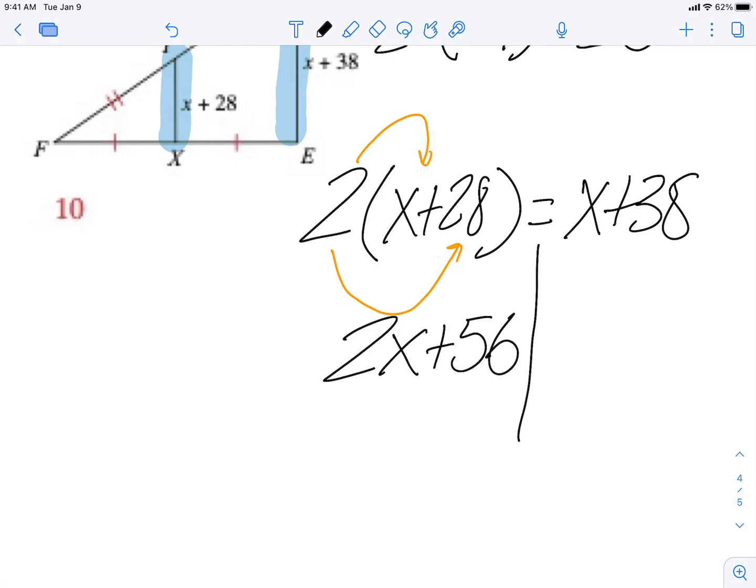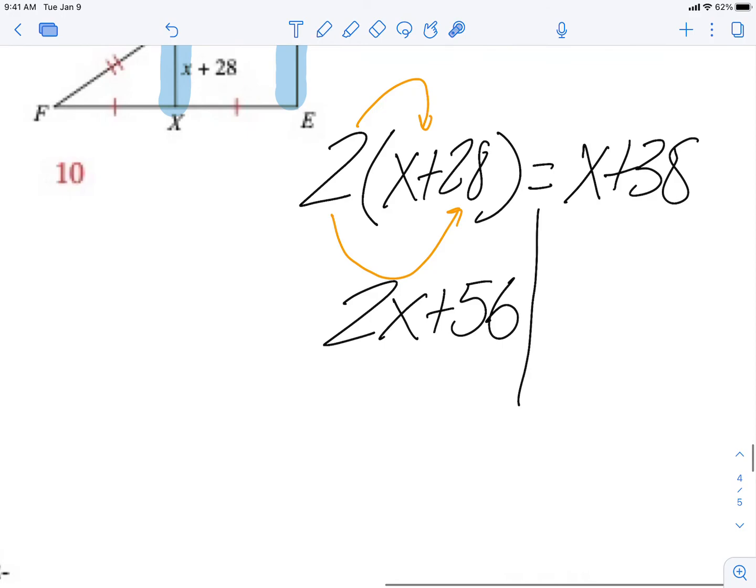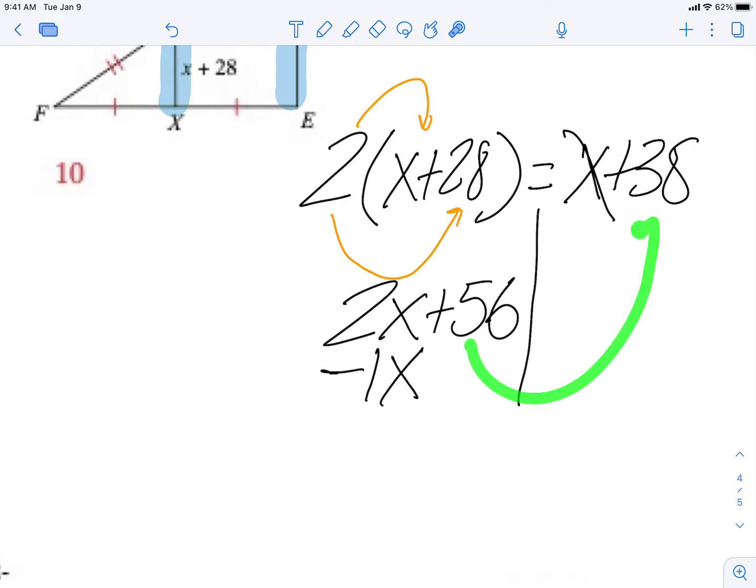Okay. So I'm immediately going to move this x over this way and make it a minus x. So I'm going to cross it out, and I'm going to make it a minus 1x, as a matter of fact. And I'm going to take this 56 and move it over and make it a minus 56.